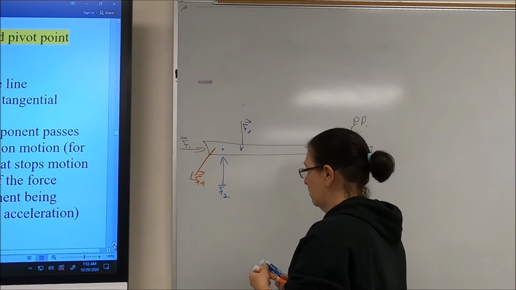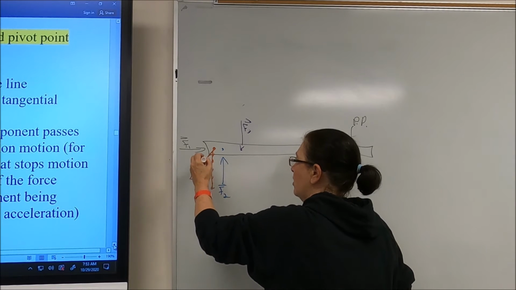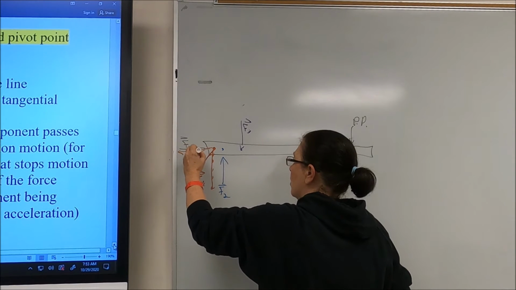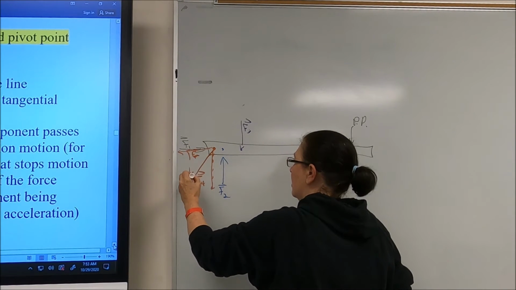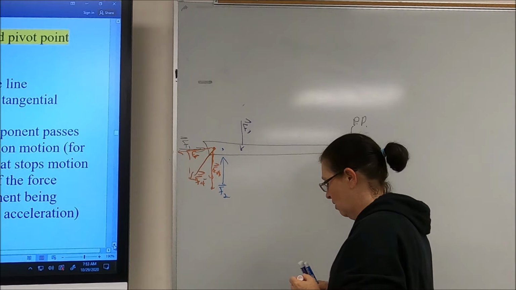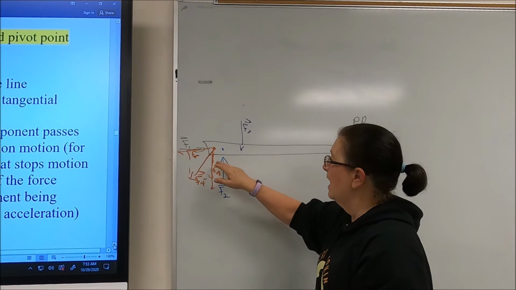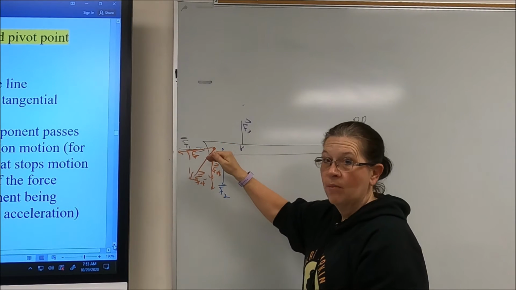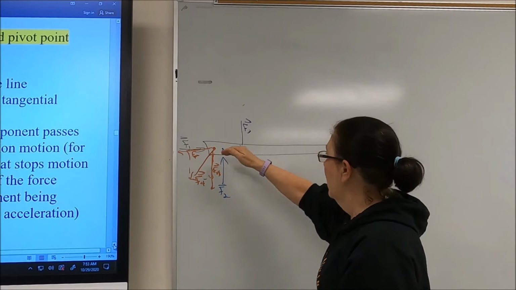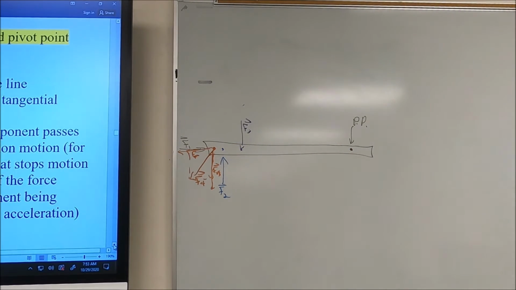And this one, when it's at an angle, I want you to think about the fact that it's going to have an F4 radial and an F4 tangential. Only the tangential component of that force is going to work toward rotating it. The radial component of the force is along the connector line with the pivot point, and any force passing through the pivot point is not going to cause a rotation.